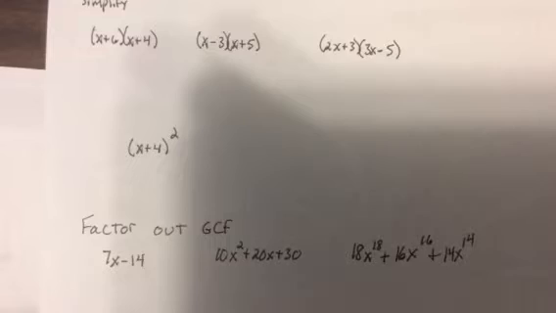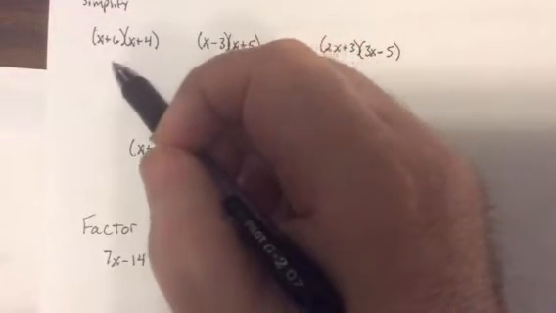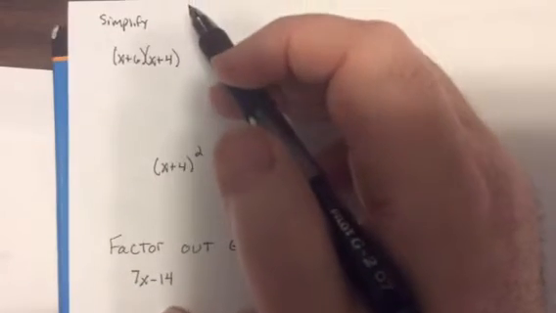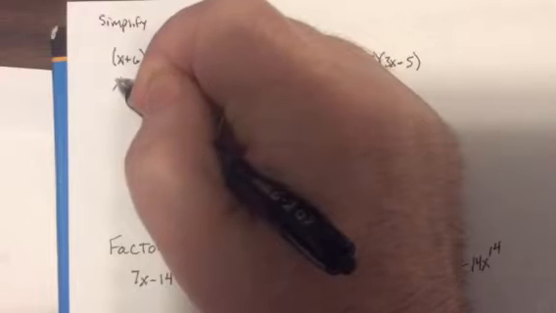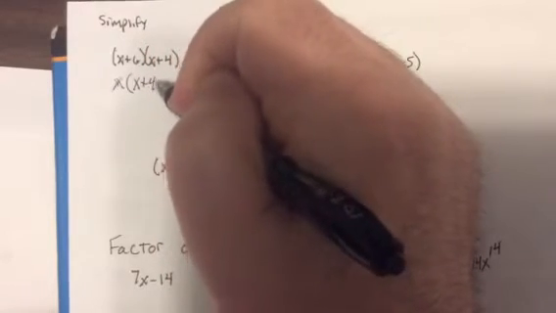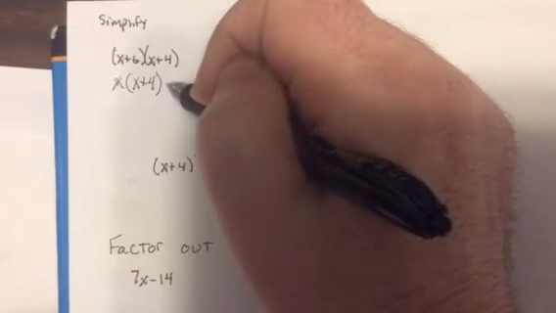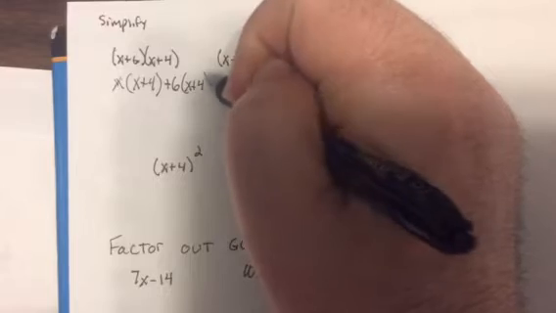Okay, so let's see. Remember with foiling, there's a couple ways you could do this, and I really don't care which way you take. You could say I'm going to take x and distribute it to the x plus 4, then take the plus 6 and distribute it to the x plus 4.